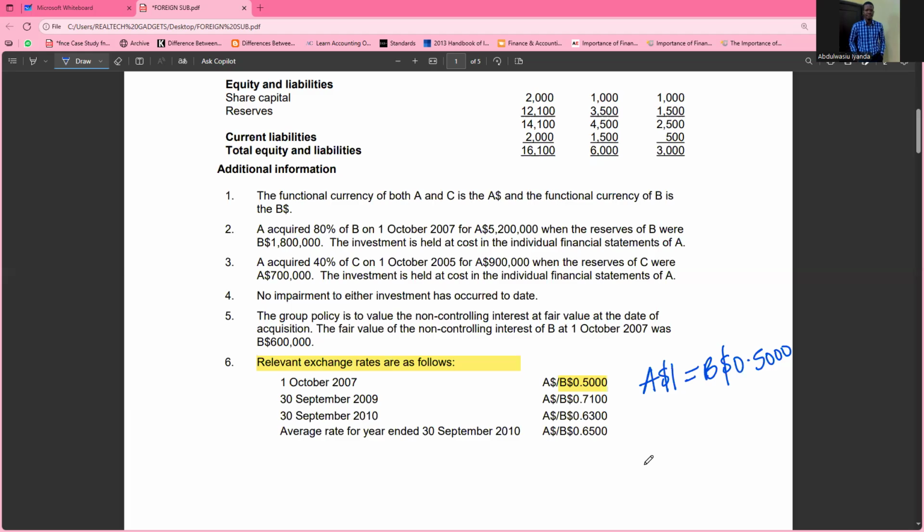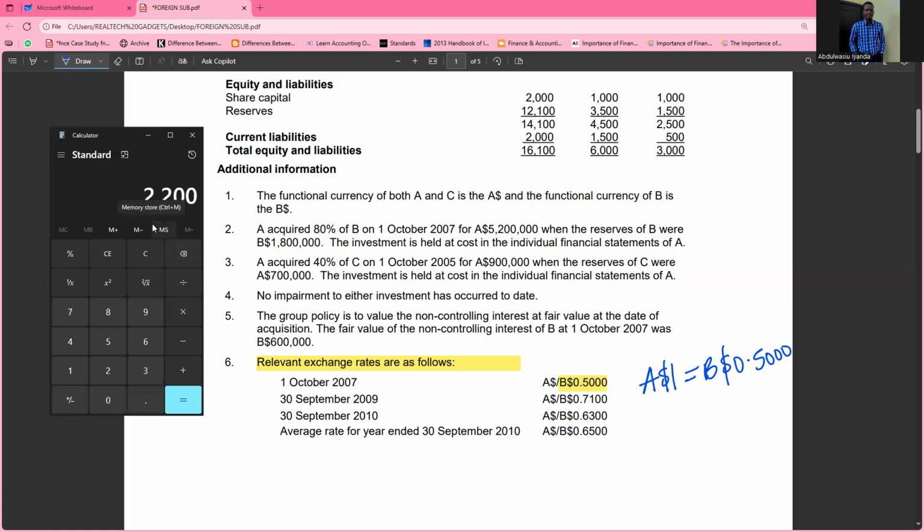0.6500. And we have determined now that the subsidiary currency is more valuable than the parent. So meaning now that if I translate this 2,200 to A, it will be more than 2,200. Let me even test run something. You know your answer already now.